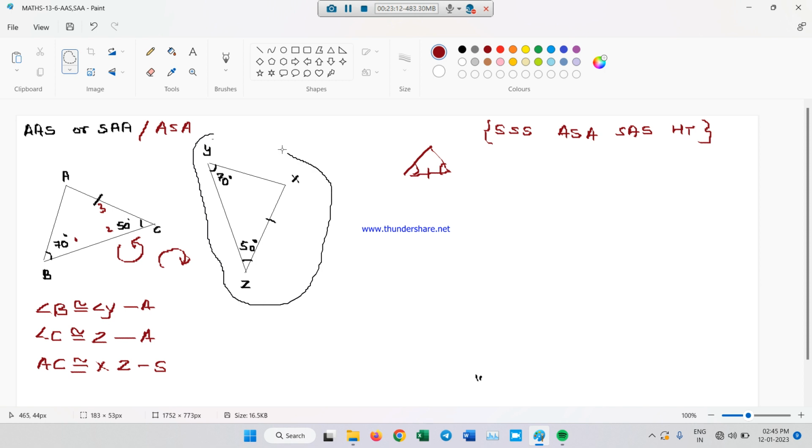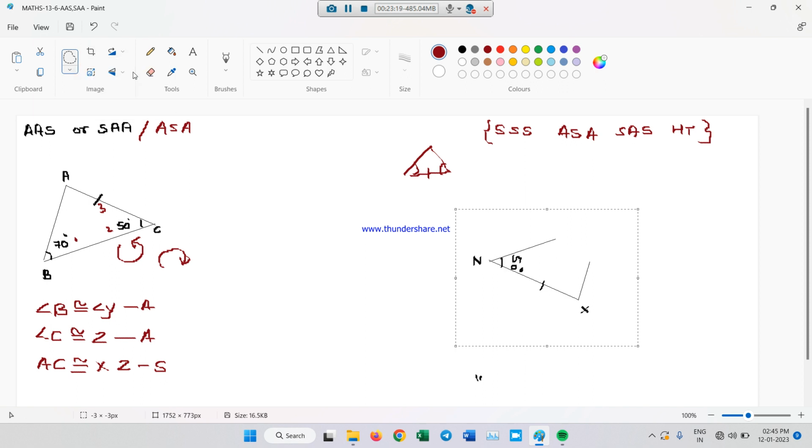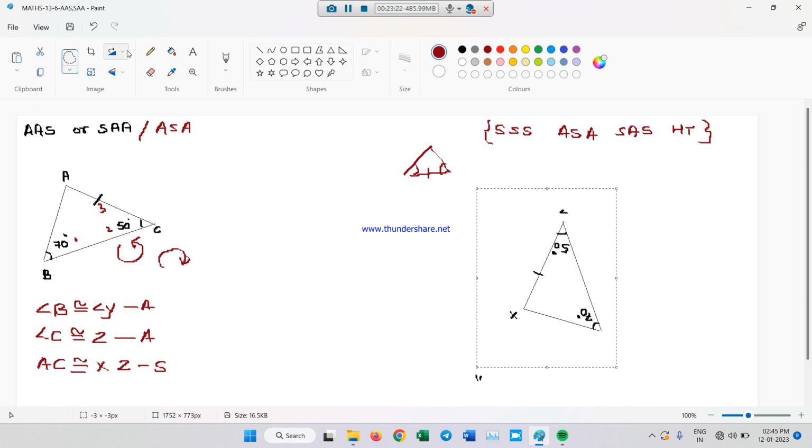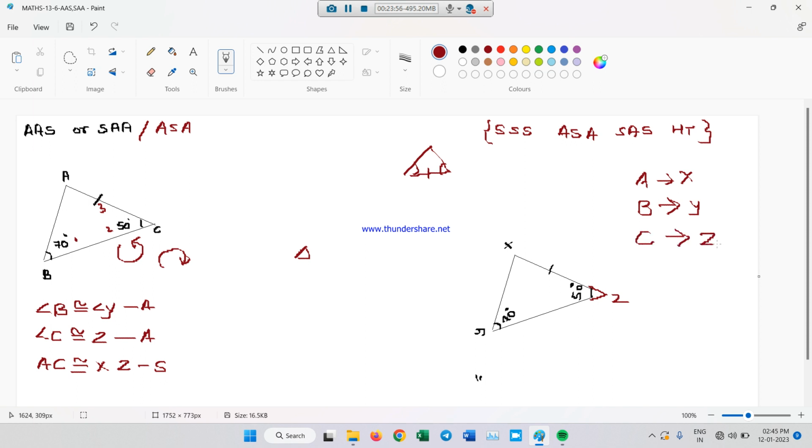Here we had written the correspondence, so let's write it now. A corresponds to X, B corresponds to Y, and C corresponds to Z. So we will say triangle ABC is congruent to triangle XYZ by AAS test. Okay, this was about your rare case.